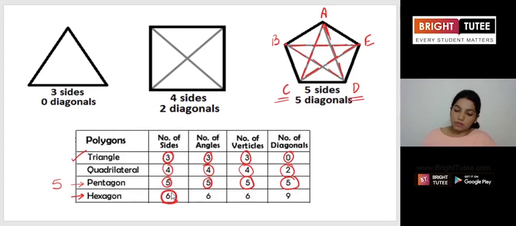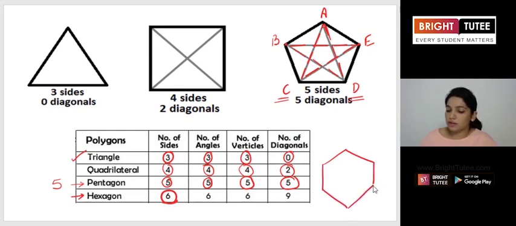Okay, now coming to hexagon, it will be great if you try to draw a hexagon yourself and see how many diagonals you can find in a hexagon. So let me just draw a hexagon. It needs to have 6 sides in it. Okay, so this is a hexagon having 6 sides, so 6 angles and 6 vertices. Shall we draw the number of diagonals in it?